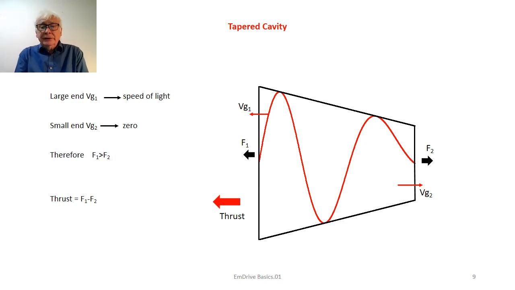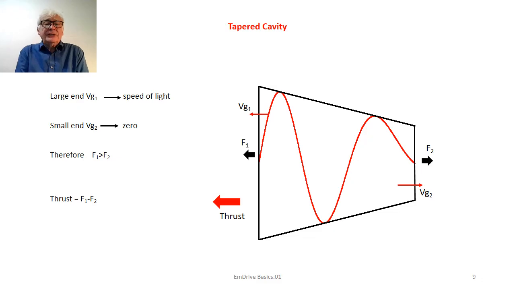So in a real design, and as I say, this is taken from a real design, at the large end, Vg1 approaches the speed of light, and at the small end, Vg2, it approaches 0. We've said that the force on the reflecting plates are proportional to the guide velocity.